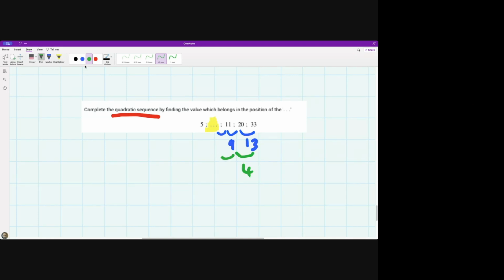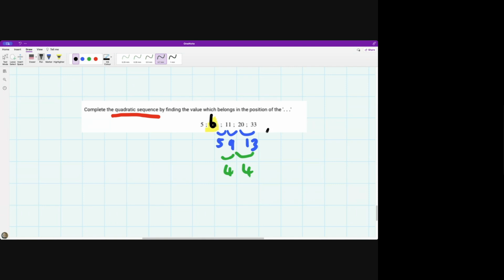So what's this going to be? So what's my missing number going to be? So I went backwards by 13, backwards by 9, backwards by 5. That should give me a 6.